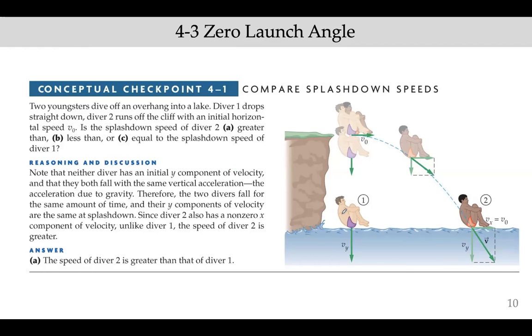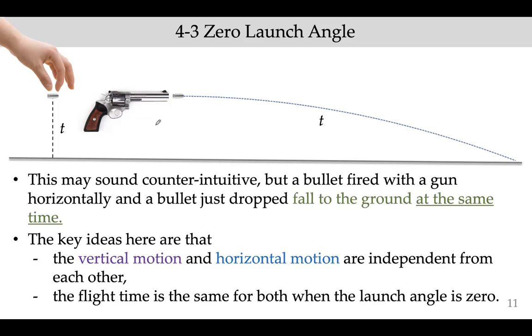Okay, we have another example which is actually similar to the previous one. In this case, instead of two guys diving off, we have one bullet which is just released, so it's falling down to the ground. And we have a gun which fires the same bullet in this direction.